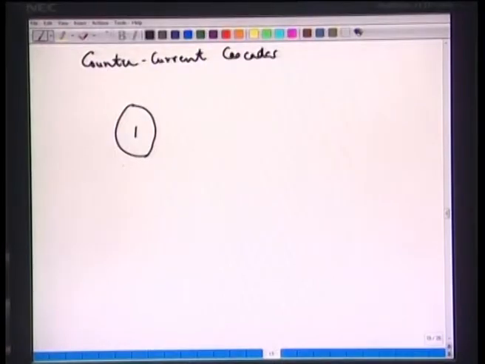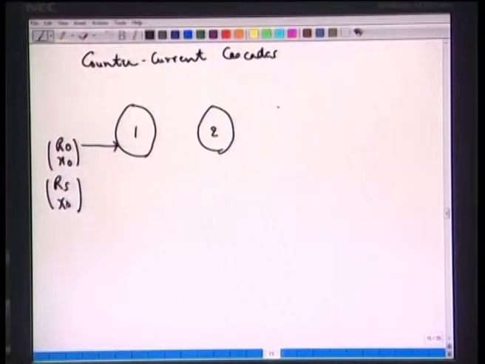So we have stage 1 and now we bring in this R0, small x0, or we can work on RS and X0. Okay. And we have stages like 2, or 3, or arbitrarily NP. The only difference is this entering stream R0, and now we have the entering stream from the other side.